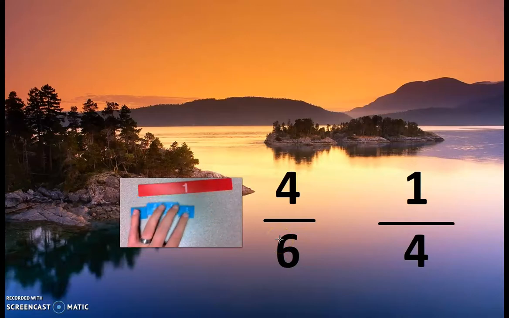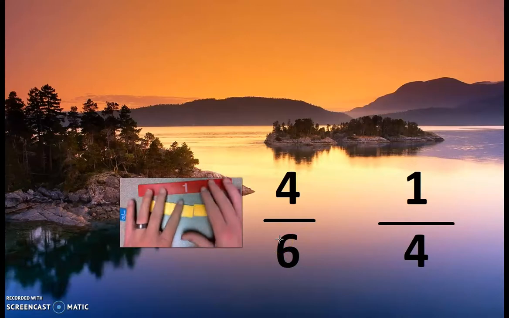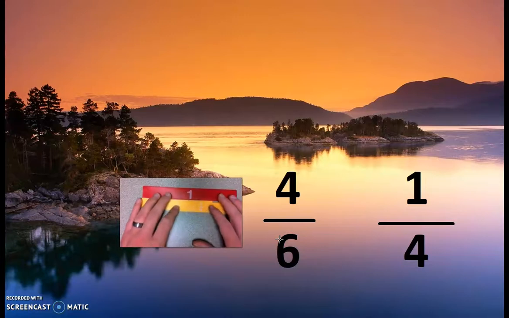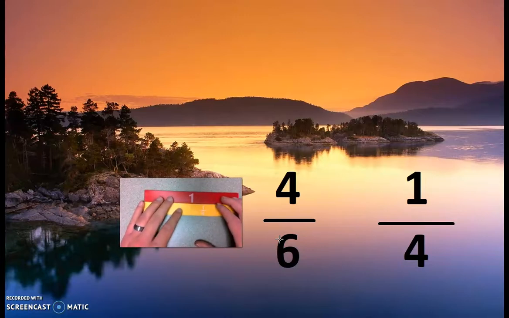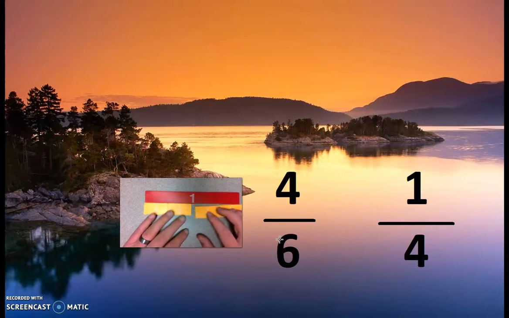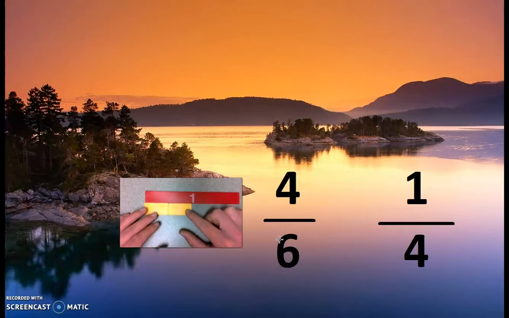Let's look at 1/4. If we had one chocolate bar and we broke it into 4 pieces, it looks something like this, 4/4. Now, half of a chocolate bar using quarters, how many quarters would we have for half? Yeah, 2 quarters. So the halfway mark with quarters is 2 quarters. Now, we only have 1/4.